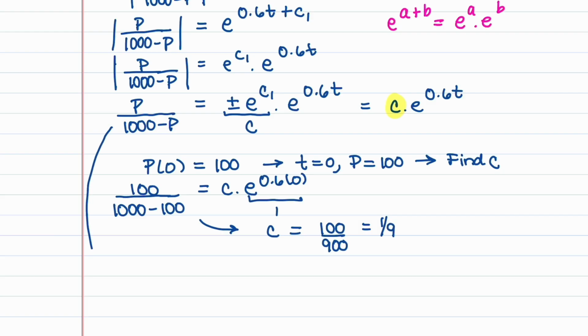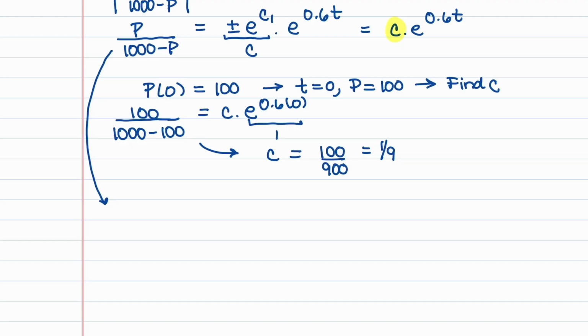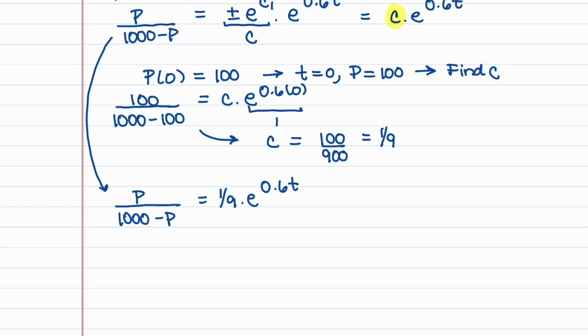Let's now rewrite our equation, and we have P all divided by 1,000 minus P is equal to 1 over 9 times e to the 0.6t. This gives us P is equal to 1,000 minus P times 1 over 9 times e to the 0.6t.